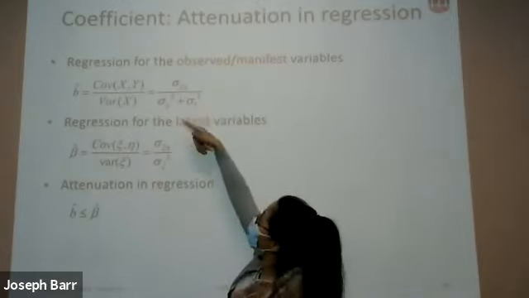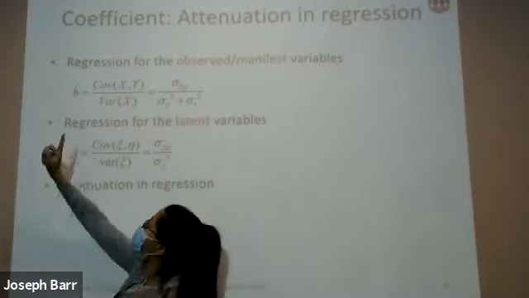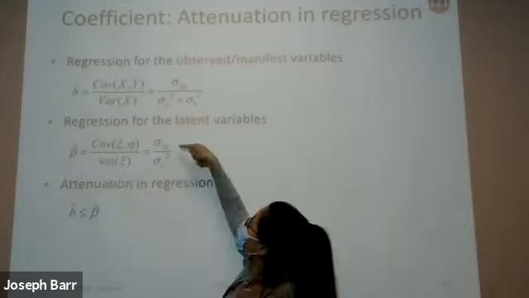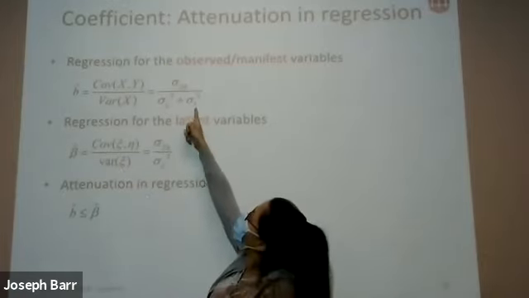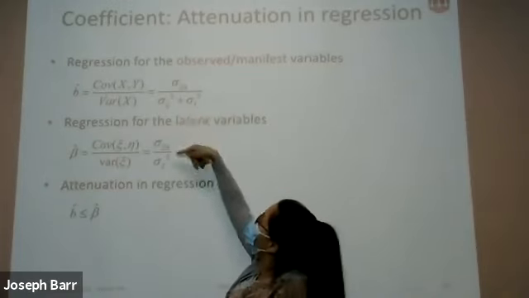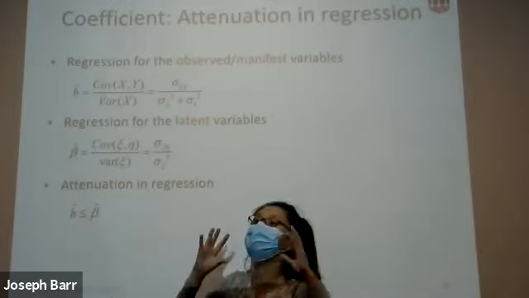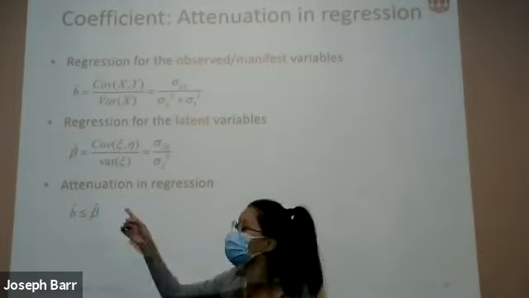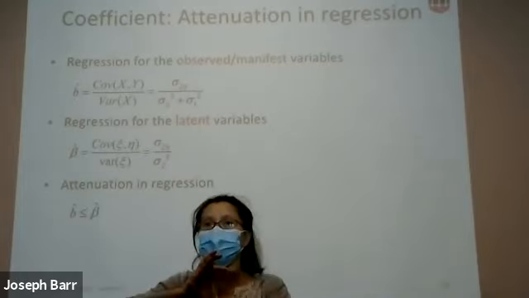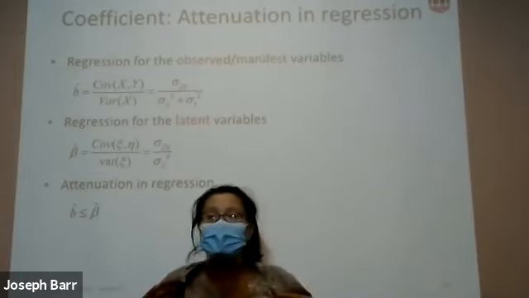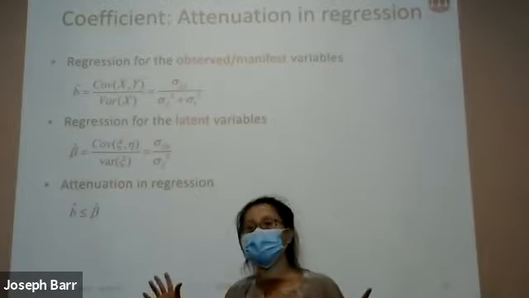Again, if you compare these two, this is the observed coefficient and this is the true coefficient. The top part is the same, but the bottom part has some noise. By doing the comparison, the observed coefficient is smaller than the true coefficient, the true slope. Imagine an ideal world with no measurement error.